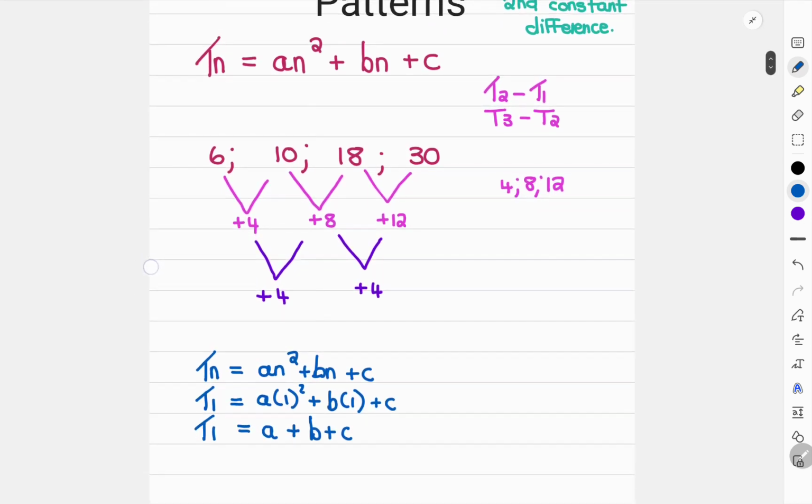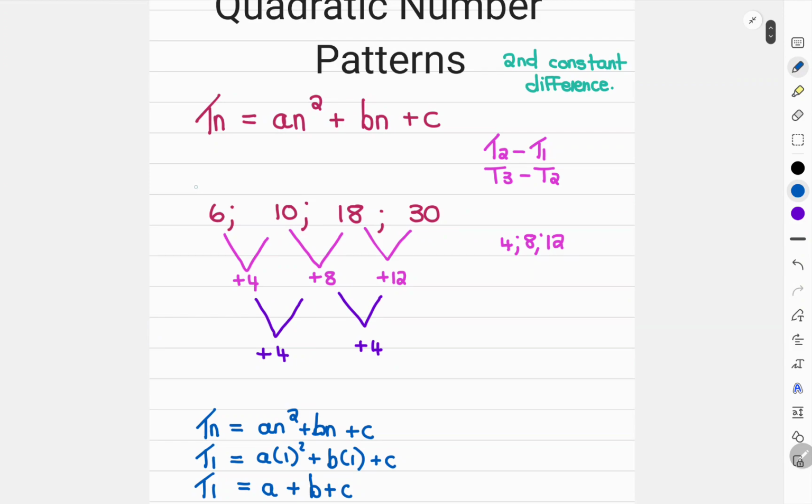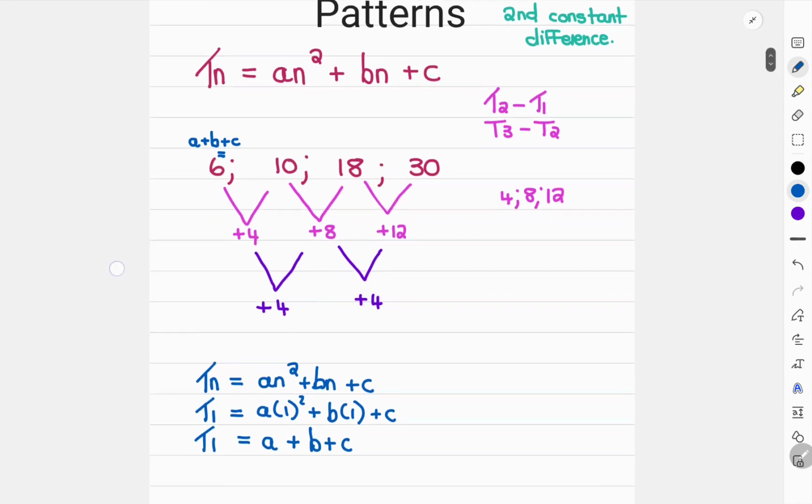So term 1's value in terms of a, b, and c is a plus b plus c, and that is equal to 6.